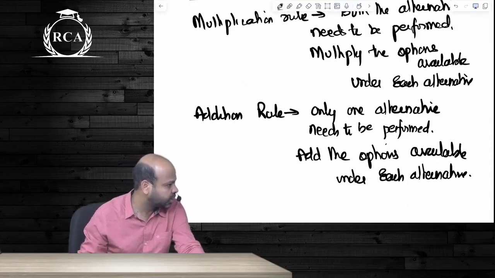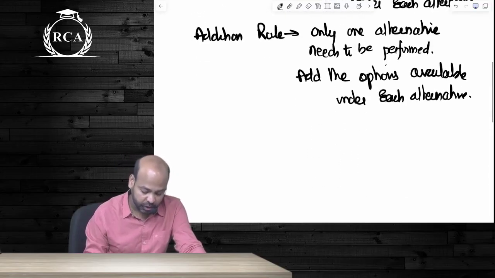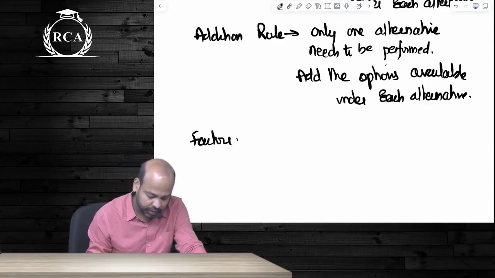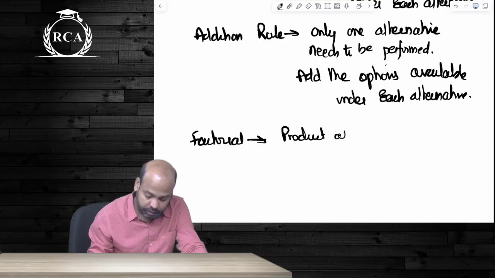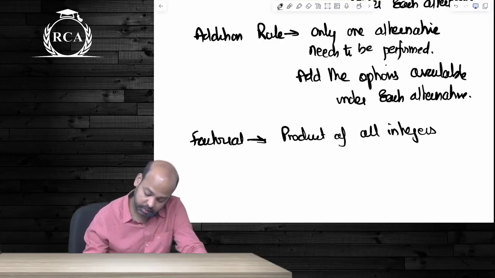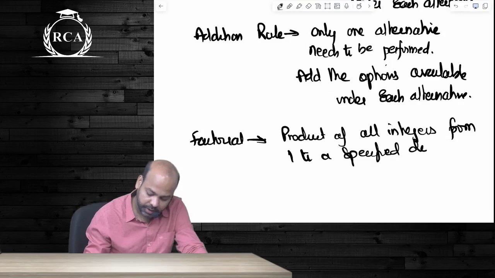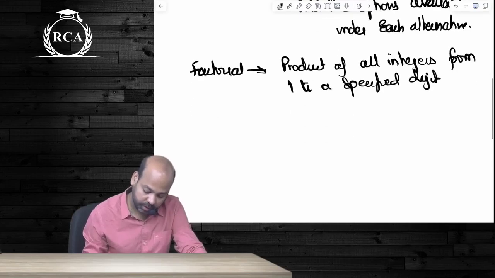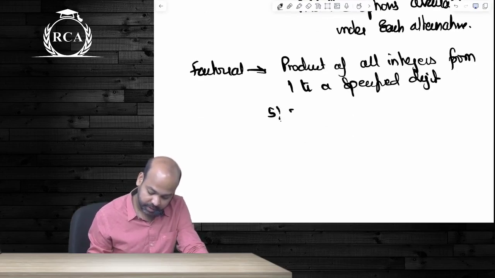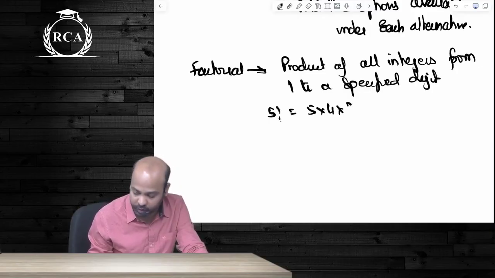Are we clear? Next, beta, we did the meaning of the word factorial. What does factorial mean, beta? Product of all integers from 1 to a specified number. So if I write 5 factorial, guys, that would mean 5 into 4 into 3 into 2 into 1.